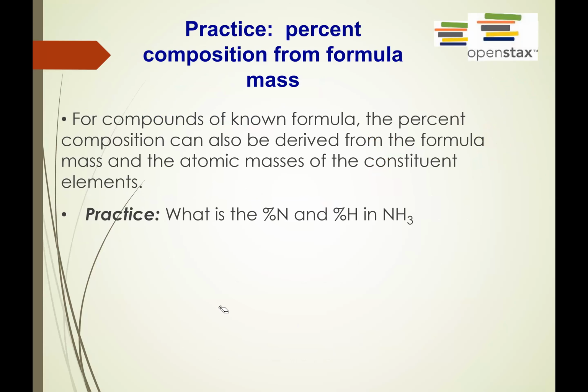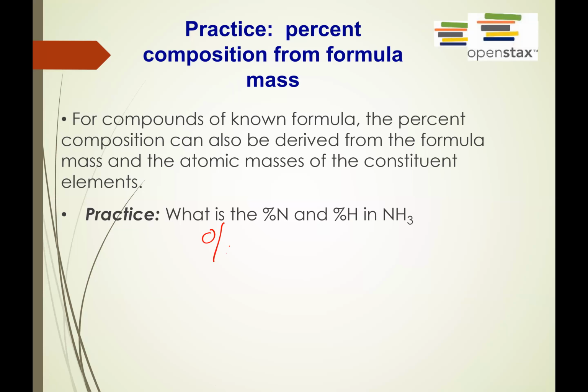Okay, so I want you to try this one. I want to know the percent nitrogen and the percent hydrogen in NH3. But wait, there's no numbers. Where are we going to find the numbers for nitrogen and hydrogen? Where should we look? Periodic table. That's where the numbers are. I will help you with one of them.